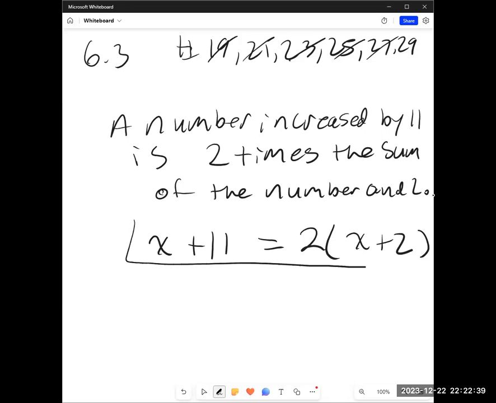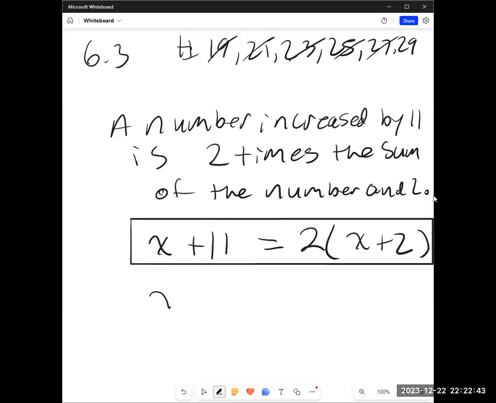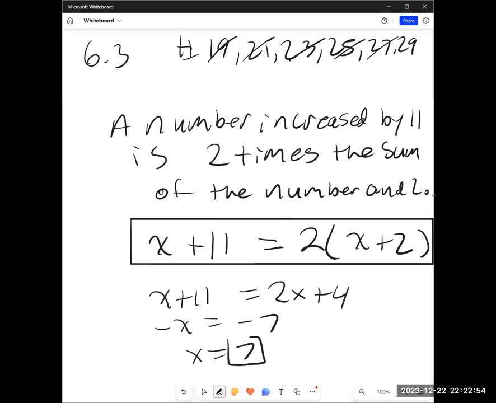So there's my equation for my first part. And then x plus 11 is going to be 2x plus 4. Negative x is equal to negative 7. X is equal to 7. All right, there we go.